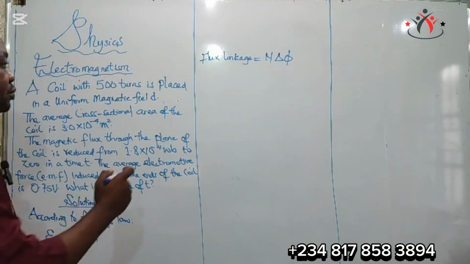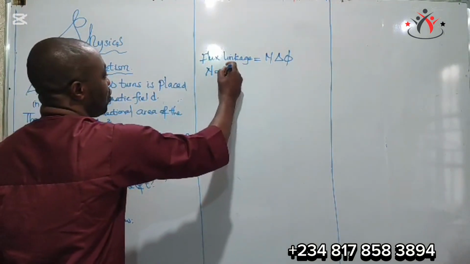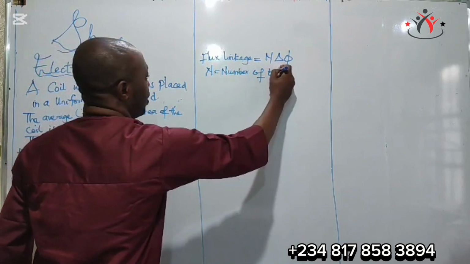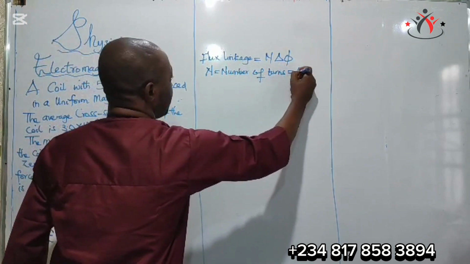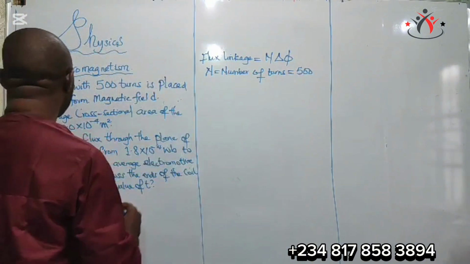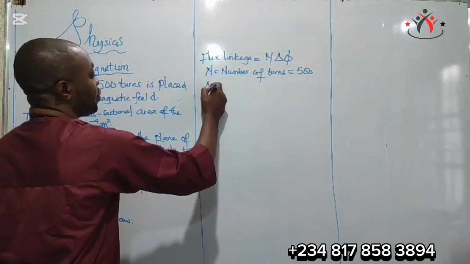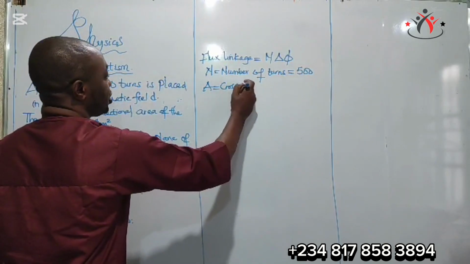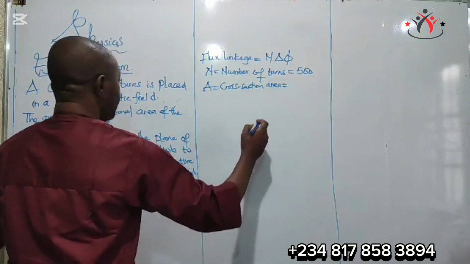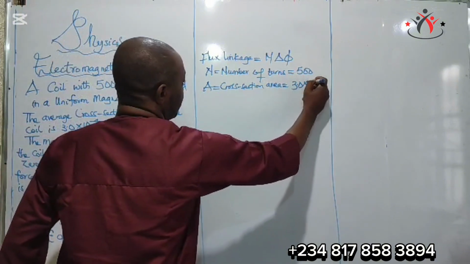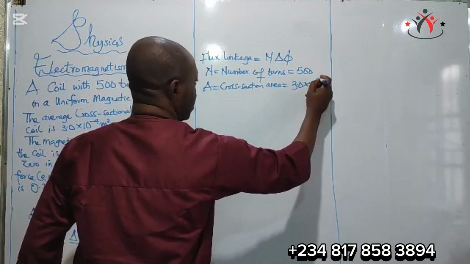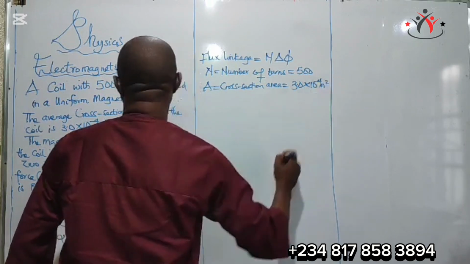Then what we are given is the number of turns, which is 500. We're also given the average cross-sectional area, which is 3.0 multiplied by 10 to the negative 4 square meters.